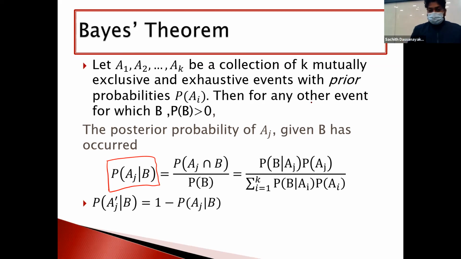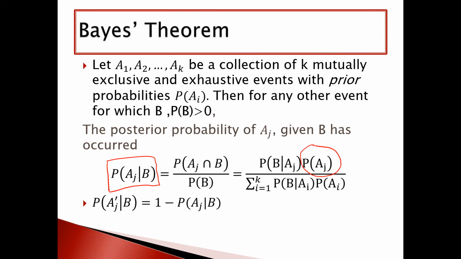And this individual probability for Aj we call prior probability. Those are two words, just try to remember that. So the individual probability we call prior, and the given probability for that Aj we call posterior probability. Okay, clear?